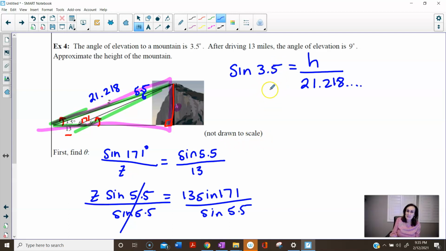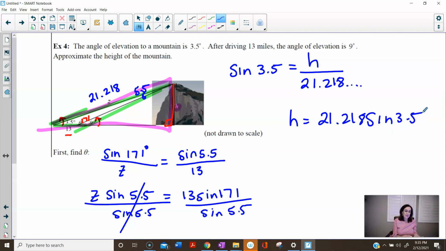How I'm going to find h is I'm going to multiply both sides by the 21. So now h is equal to 21.218, full number, times sine of 3.5.